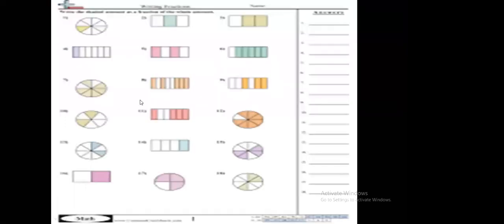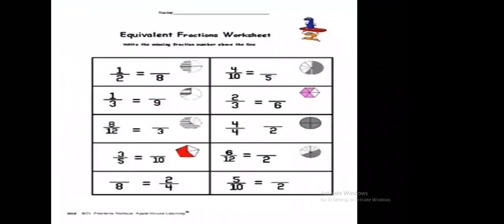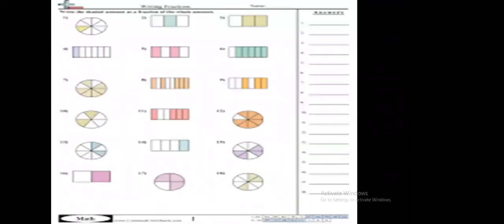Then you have to mark the shaded part. Shall we go there and see what the shaded parts are here? You can see here how many. With you, I am going to complete this. 1, 2, 3, 4, 5, 6, 7, 8 parts are there. From this, how many are shaded here? 1. 1 over 8.